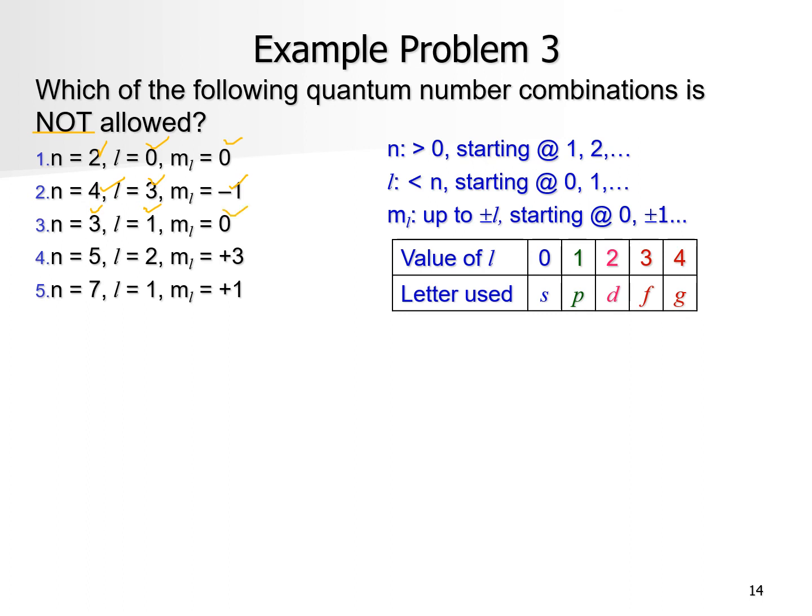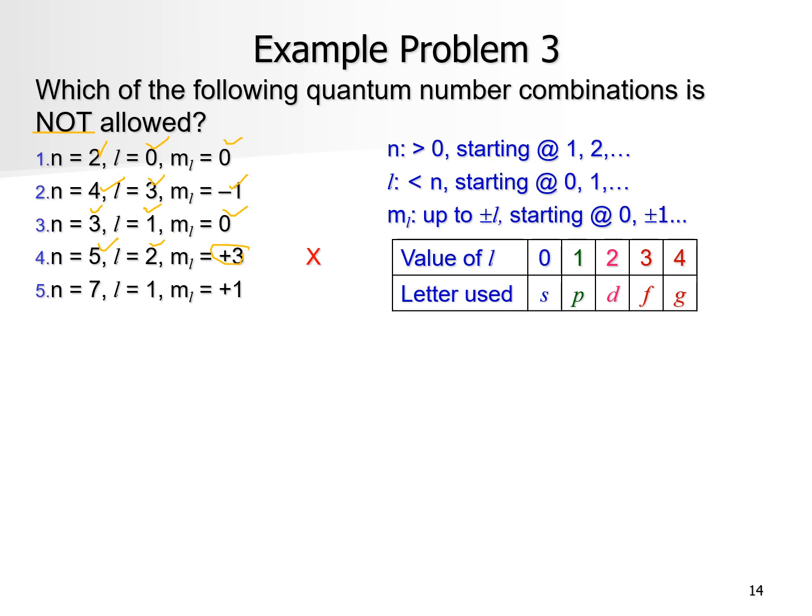And when n equals 5 in choice 4, that's good. L less than 5, that's good. M sub L, however, we see the problem, because M sub L cannot go beyond plus or minus L. So that's why choice 4 is the answer, because it's not allowed.